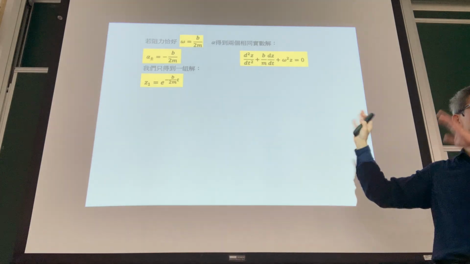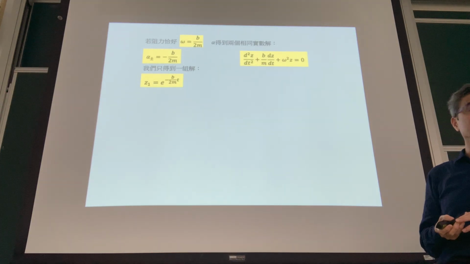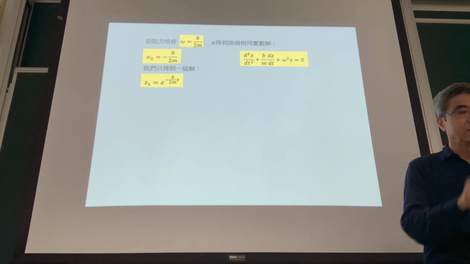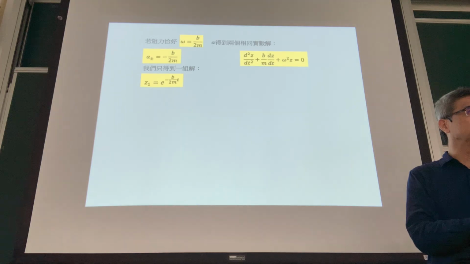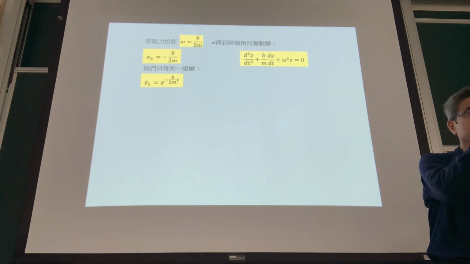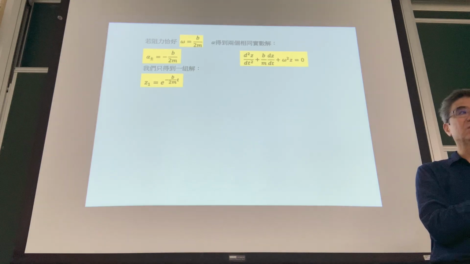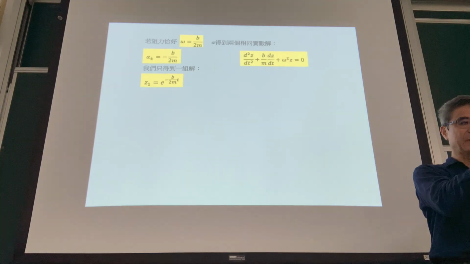这是个物理问题啦，不是一个数学问题啊。因为你要刚好 omega 等于 b over 2m，你要把仪器调到刚刚好才行啊。物理的仪器没有那种调到刚刚好这回事，它一定有一些误差。Okay, so it couldn't be critical damping.